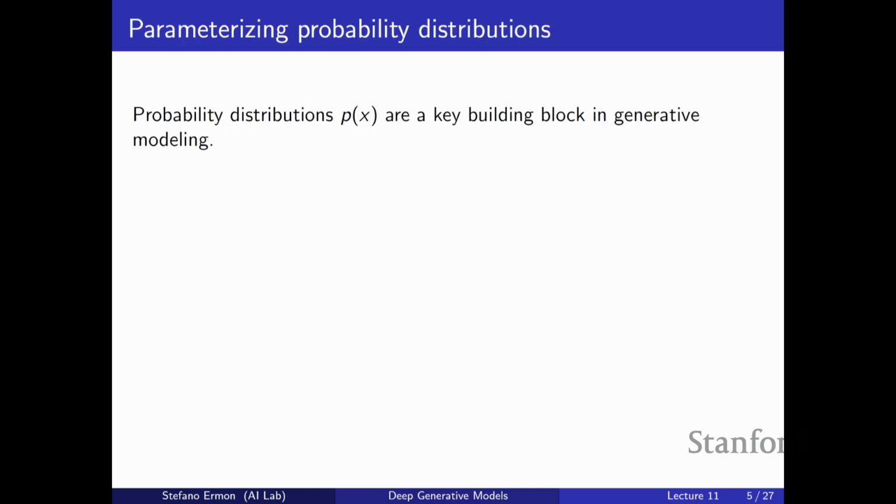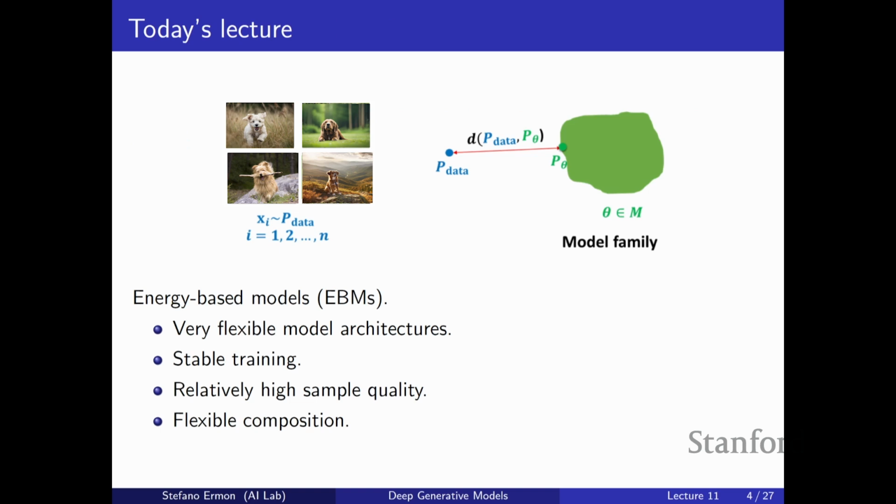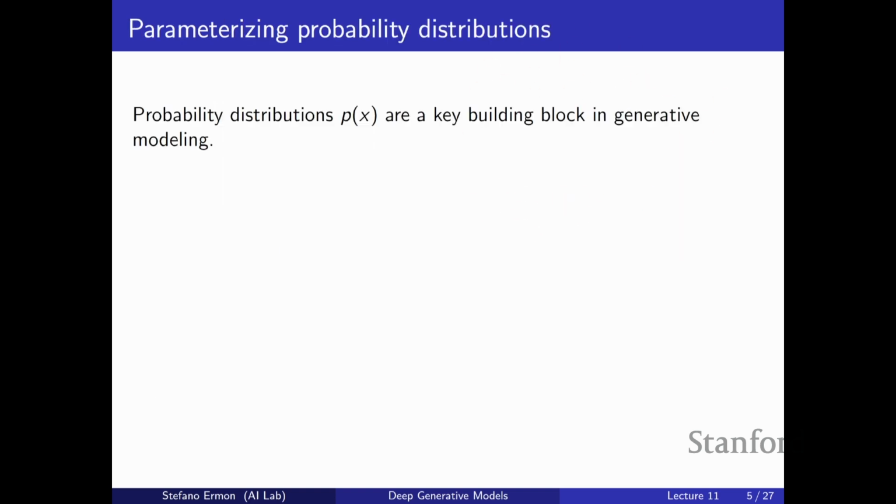So the high-level motivation is the usual one. We want to define a probabilistic model. So we want to define a probability distribution because that's the key building block. We need to define this green set here that we're optimizing over.